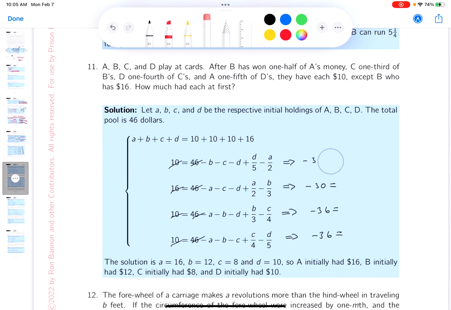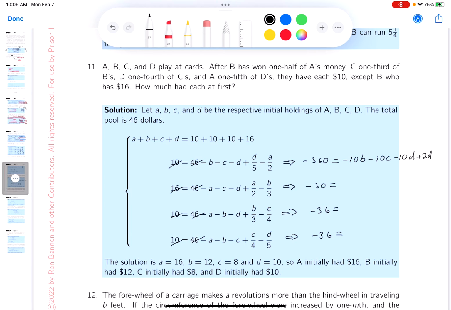I'm going to erase this over here now. Let me write this down now. I'm multiplying by 10. So minus 10b, minus 10c, minus 10d. You get the idea? Plus 2d.